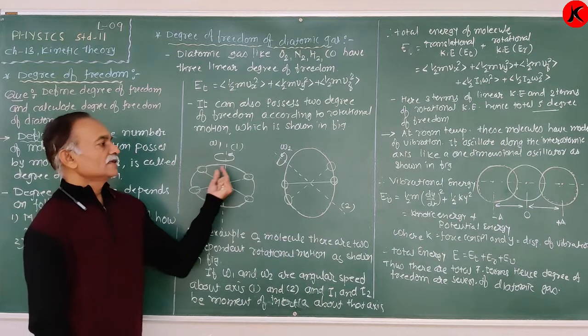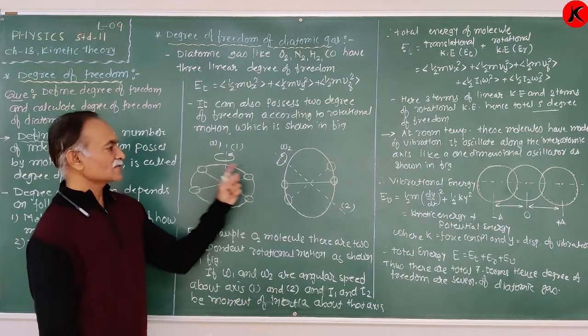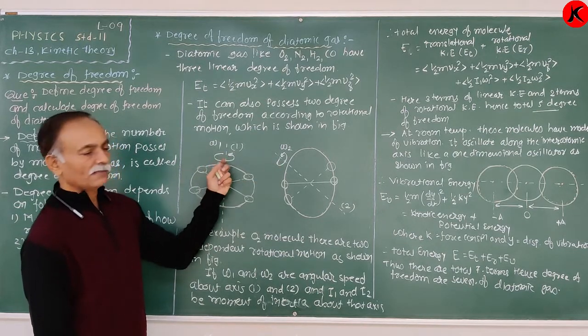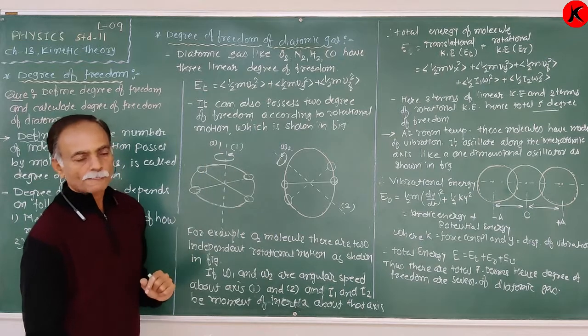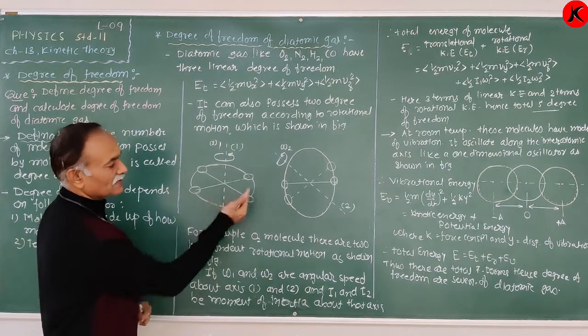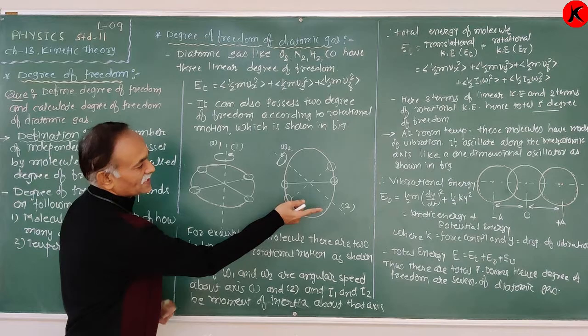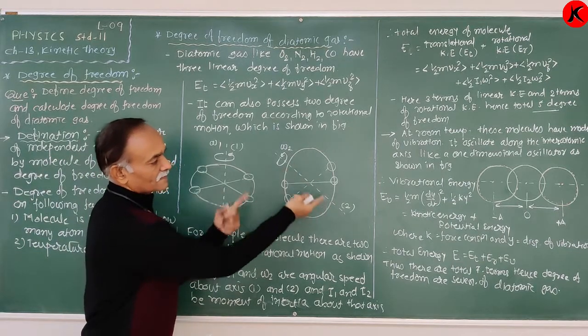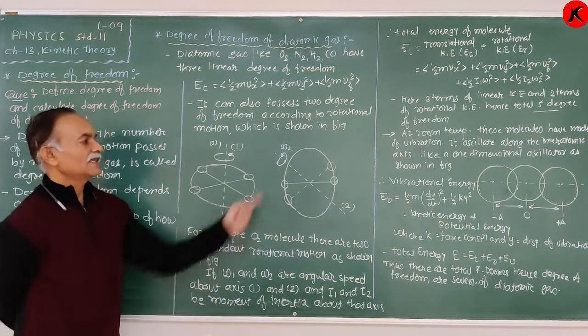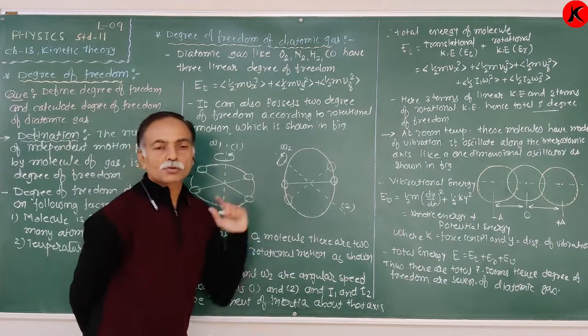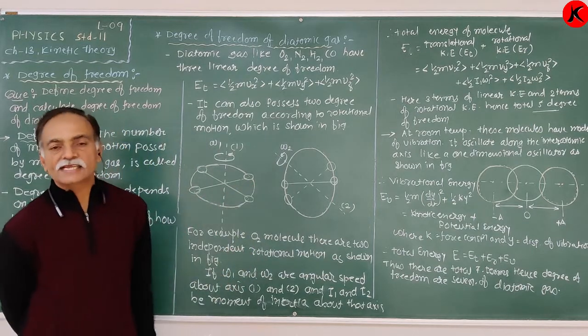Here it performs rotational motion about axis 1 and 2, so the motion is like this way, and here the motion is like this way. Therefore, it has two rotational kinetic energies.